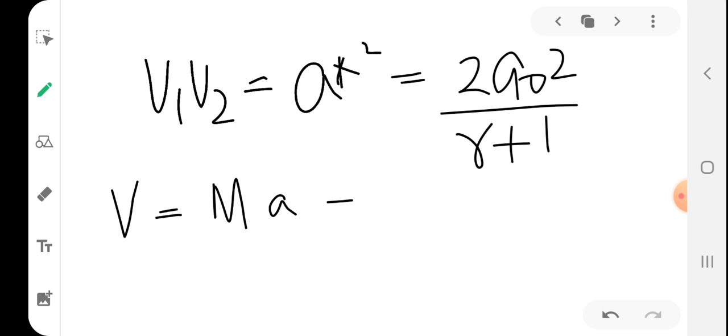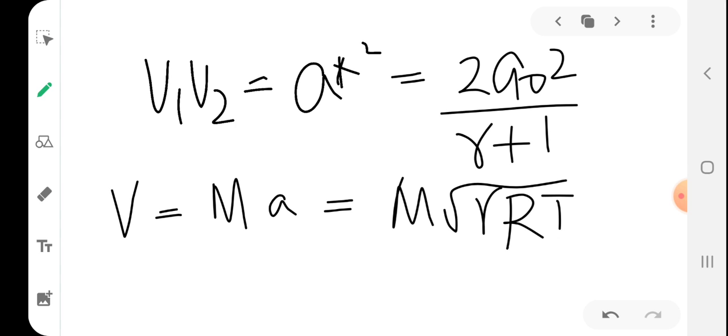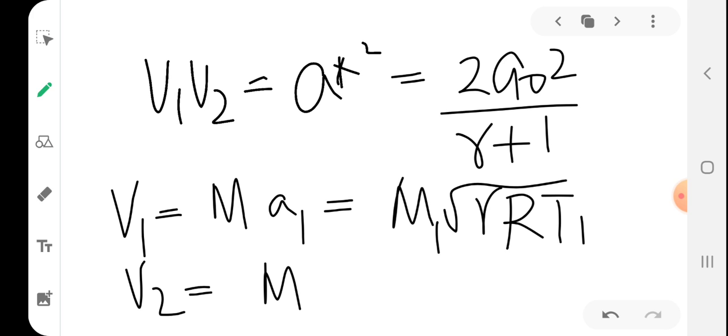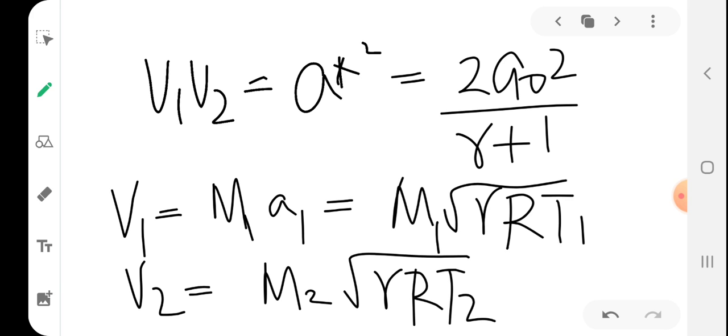M into a is nothing but M into root of gamma R T, right? So V1 will be M1 into a1, or M1 into root gamma R T1. Similarly, V2 can be written as M2 into root gamma R T2.